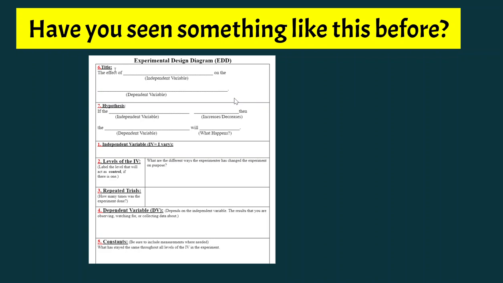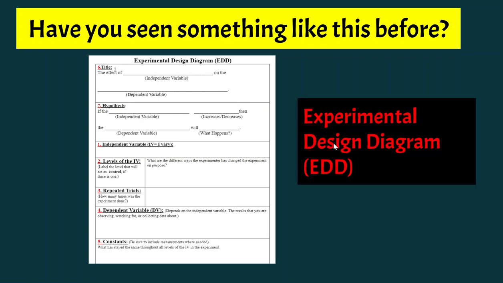All right, you have probably seen an experimental design diagram sometime in your elementary school career. You would have had some sort of a title like the effect of something on something else. That's the title. It's telling you what the experiment was trying to learn about. In any sort of a test situation like this, we have a hypothesis.